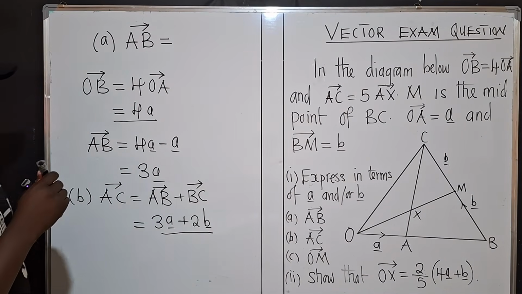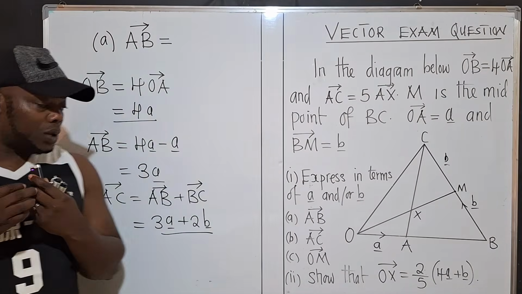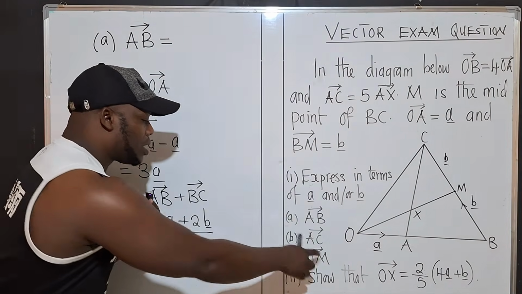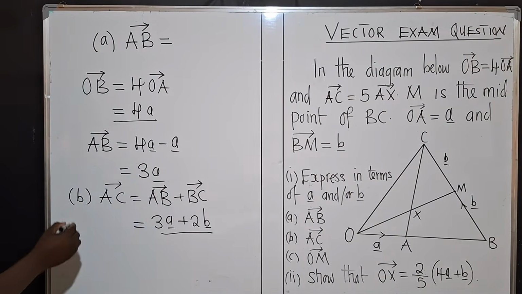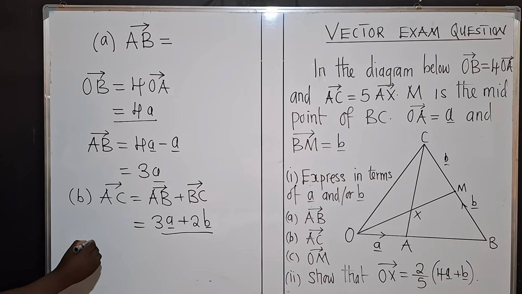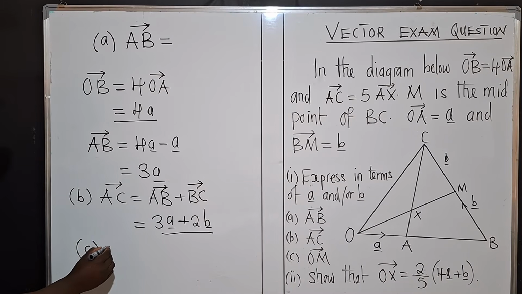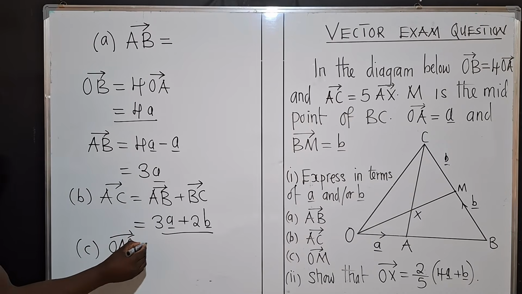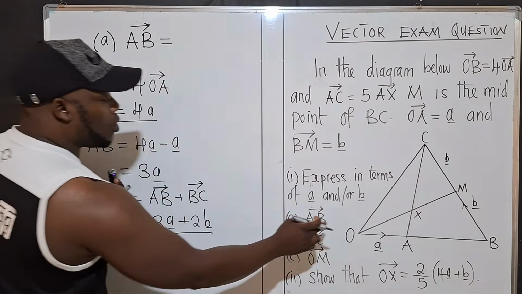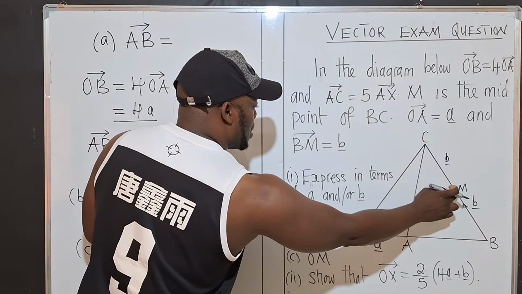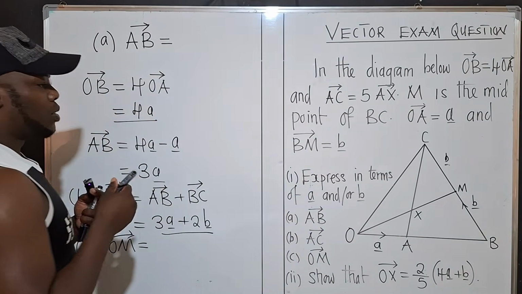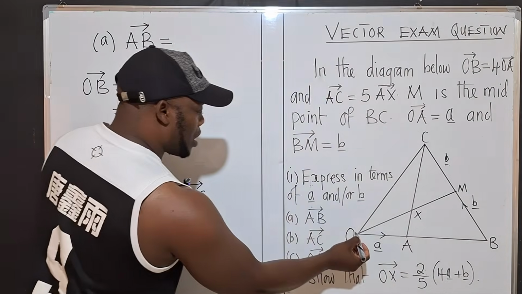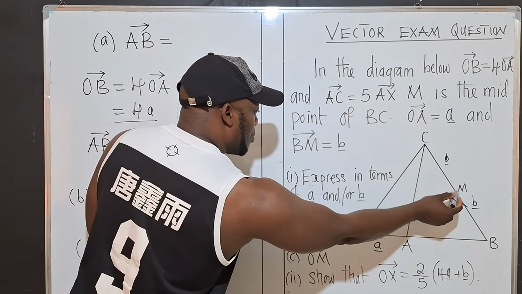We go to the next question, which is question C. They want us to express vector OM. For OM to be found, which way can we move from O to M?